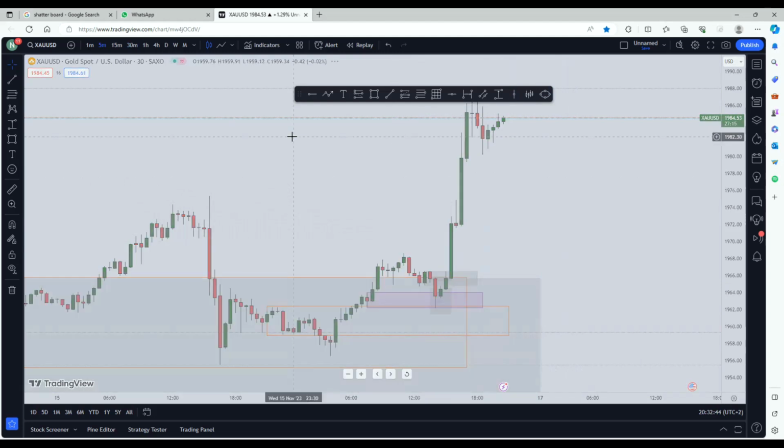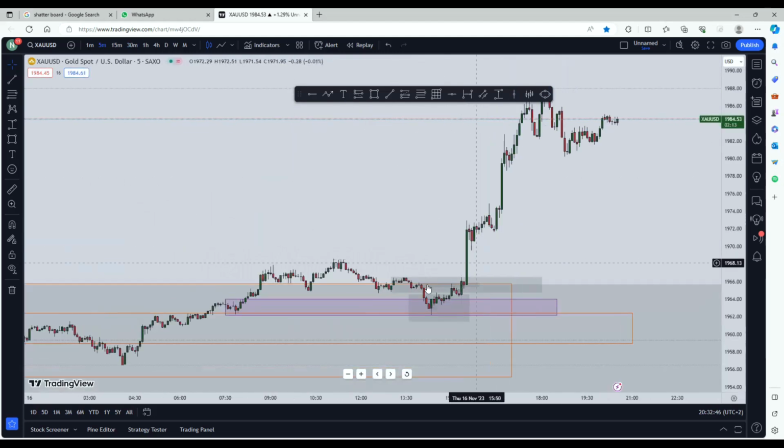In this case, we had nothing on M5 here. But the M5 EF was created in the roadblock zone. So that's what I wanted to ask you: what would you do there? I find it tricky whenever price moves to a roadblock. I'm like, can I enter now? Should I enter? Should I not? That's what confuses me.